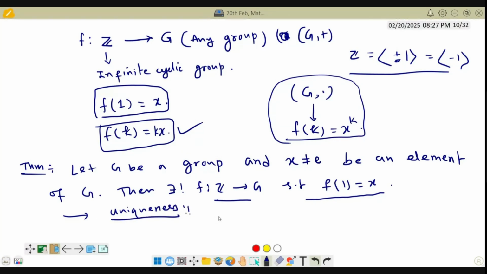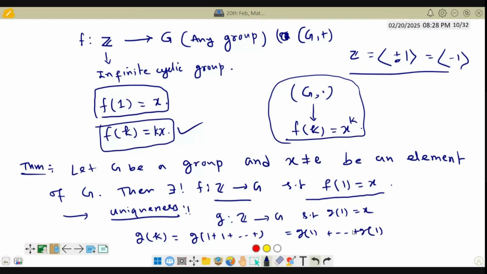Suppose you have another homomorphism g from Z to G such that g of 1 is also x. Then similarly, g of k will be g of 1 plus up to g of 1, whose value is x each, so there is kx. And this is the same as f of k.